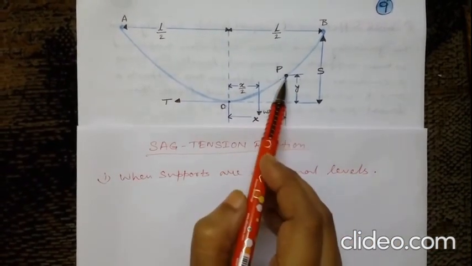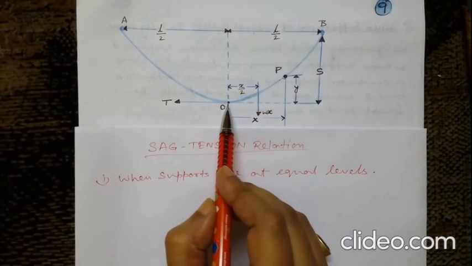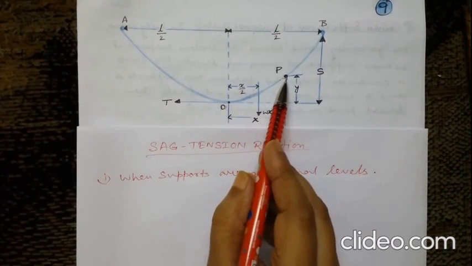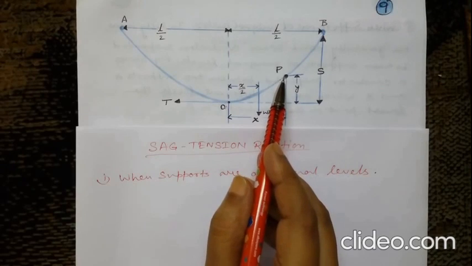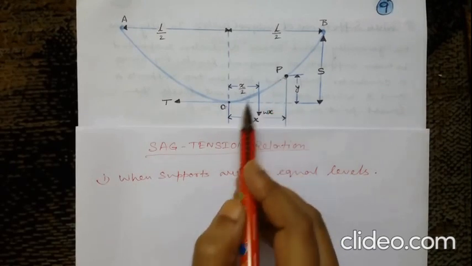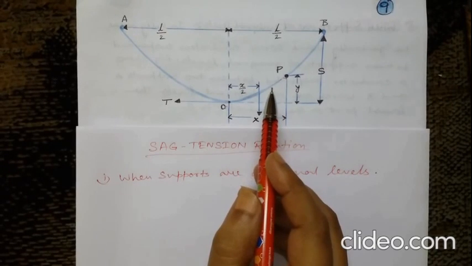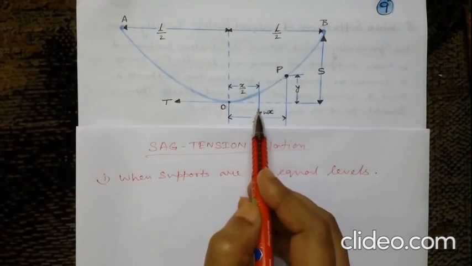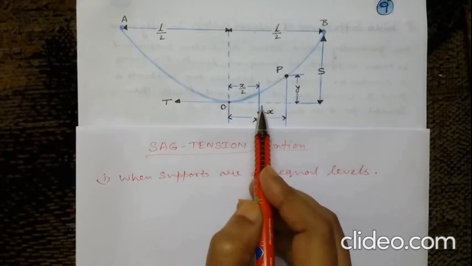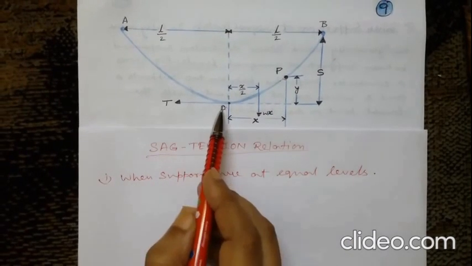Now consider a point P on the conductor, taking the lowest point O as the origin. Let the coordinates of point P be x and y. Assuming that the curvature is so small that the curve length is equal to its horizontal projection, that is OP equal to x. Now the two forces acting on the portion OP of the conductor are, number 1, the weight wx of conductor acting at a distance x/2 from O, and the second one, the tension T acting at O.